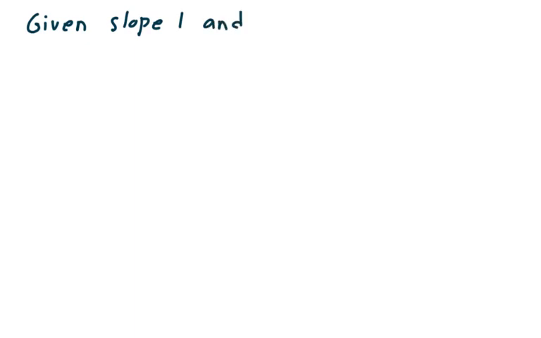And ordered pair, or we'll just call it point for short. So we'll just say given slope 1 and point 0, 1, we can get the equation of the tangent line. They all work like this, by the way.